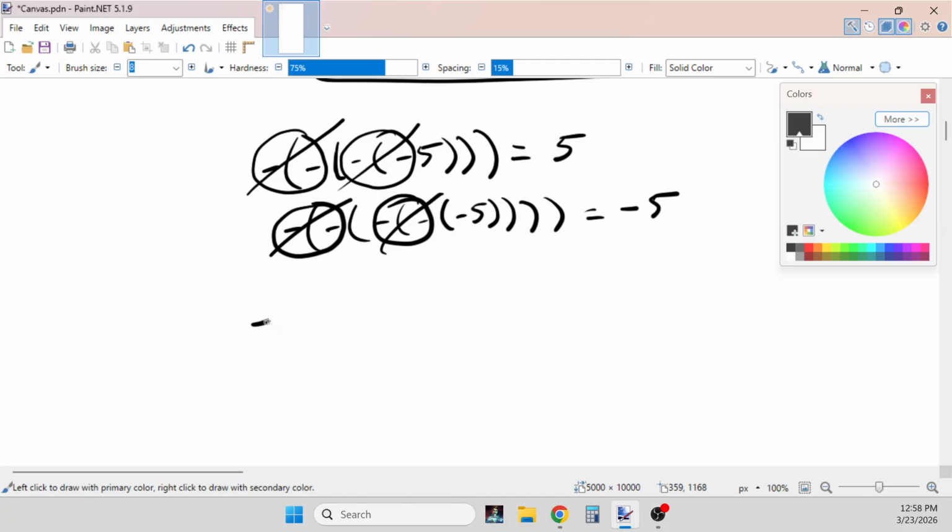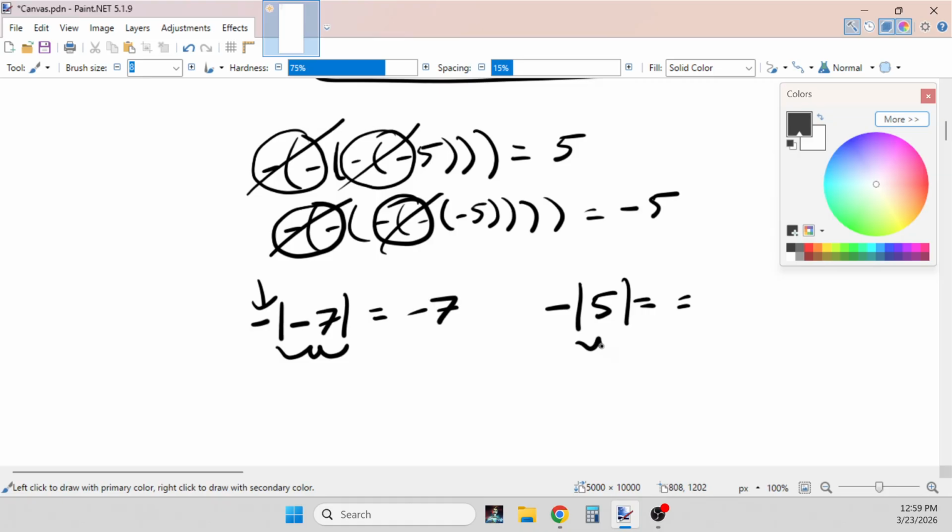With absolute value bars, first you take care of the absolute value bars. They count as parentheses in the order of operations. So this absolute value of negative 7 turns into just positive 7. I attach the negative sign to the outside. If I have something like this, I make the number positive, but it already is.